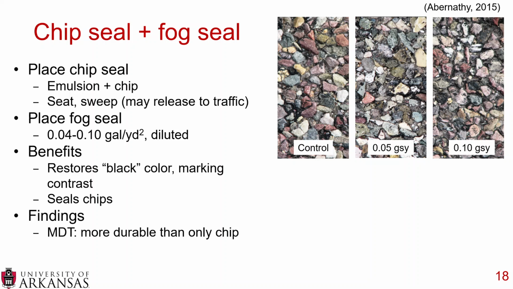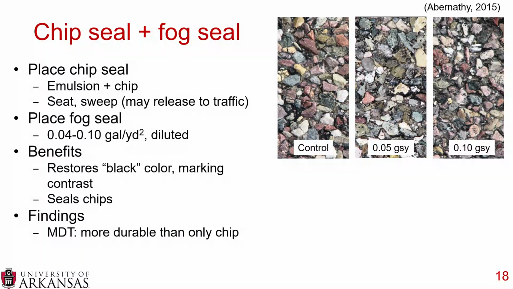So some of the findings: Montana Department of Transportation found that placing this fog seal makes it more durable than only a chip seal. And you can see on the right there, the control has all those very exposed rocks, but as you add a little more binder on top of there, you can see that's providing just a little more embedment. Now this is after that has been worn off the surface.